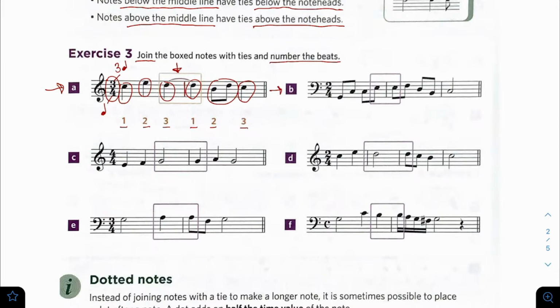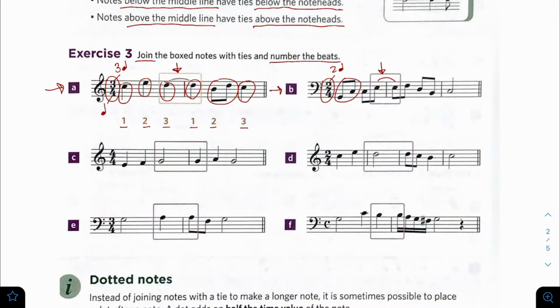Question B. First, we're going to find the box, which is here. Then we are going to add a tie on top of the notes. Remember to put the ties on the side of the note heads. So this is the tie. Next, we are going to number the beats. Question B is in 2/4 time, meaning there are 2 crotchet beats in every bar.